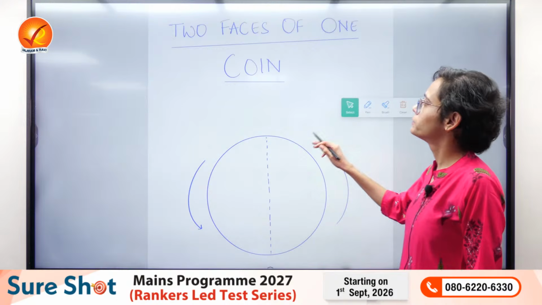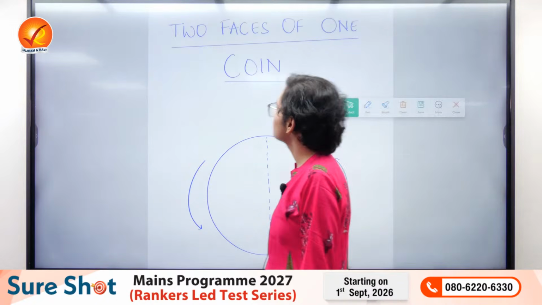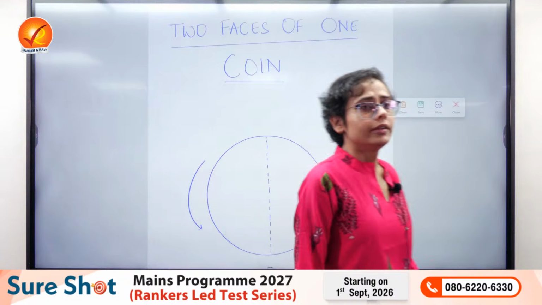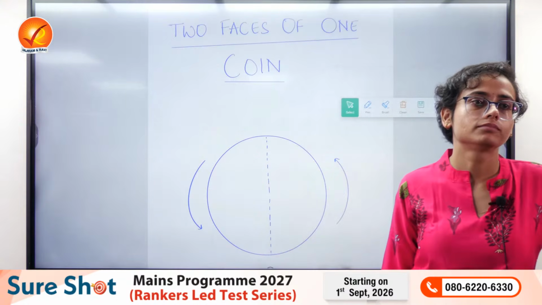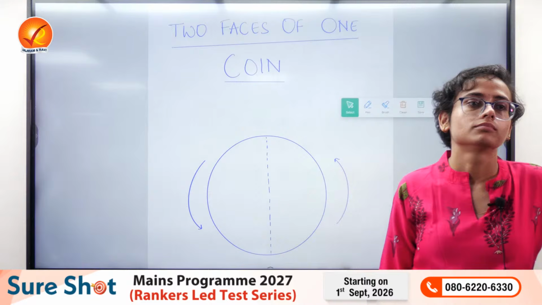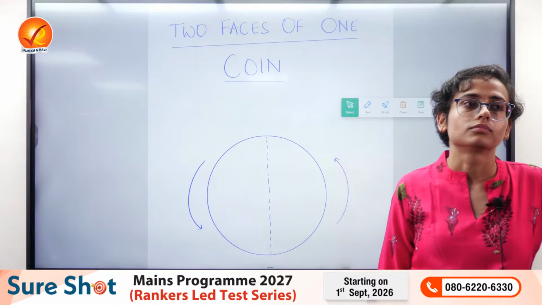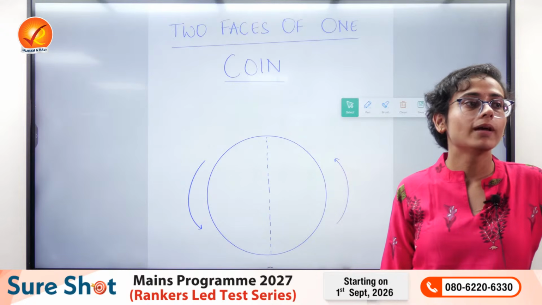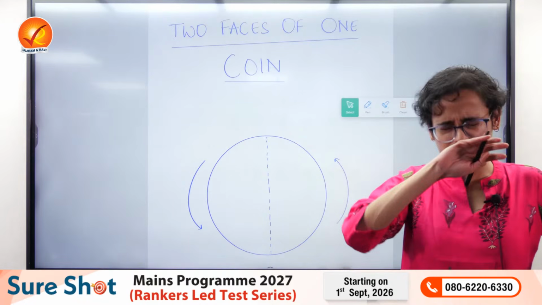Now the coin. When we have to show two faces of one coin. Democracy with what? Judicial independence in terms of decision making, and the vice versa. Judicial activism and overreach. Uniform civil code. This is not the same coin. Yes, sorry.